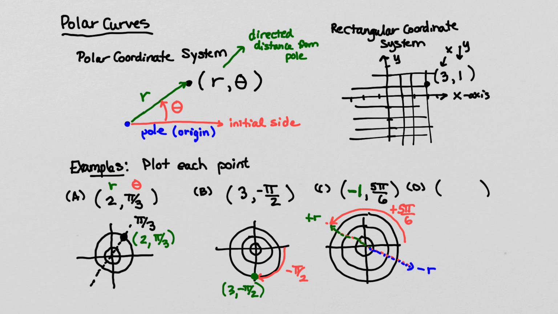So if I'm going to plot negative 1, 5 pi over 6, I first go to 5 pi over 6, and instead of going 1 unit in that direction, I go 1 unit in the opposite direction. Does that make sense? Do you guys see how that works? So that point down there is the point negative 1 comma 5 pi over 6.